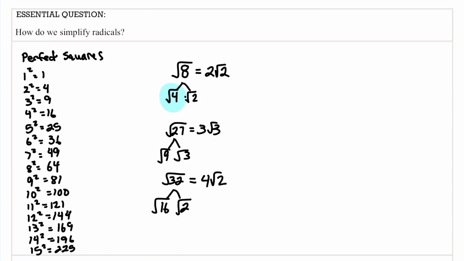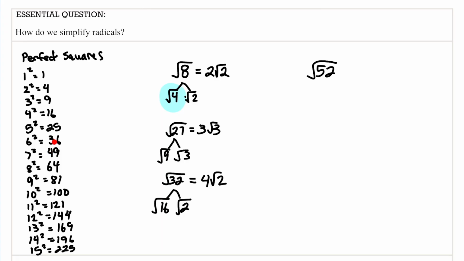Now, sometimes you get multiple numbers underneath there that can divide. So let's say 52. 52 isn't as obvious. We can try 49.